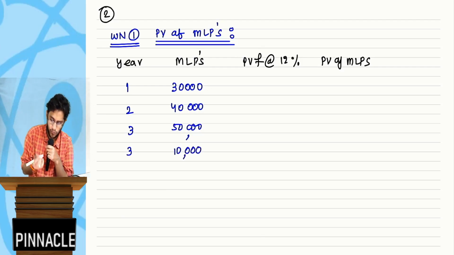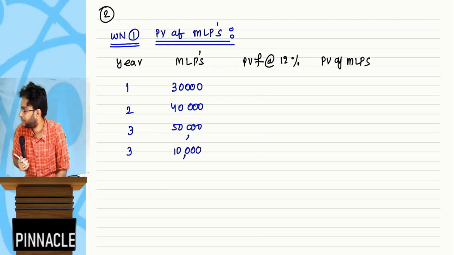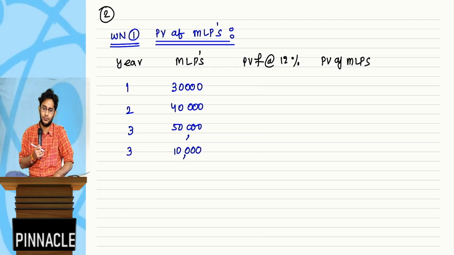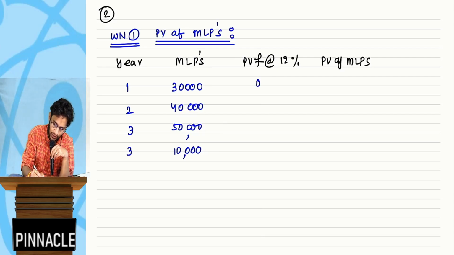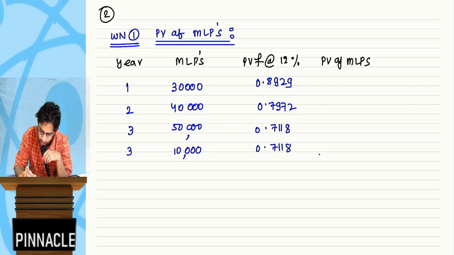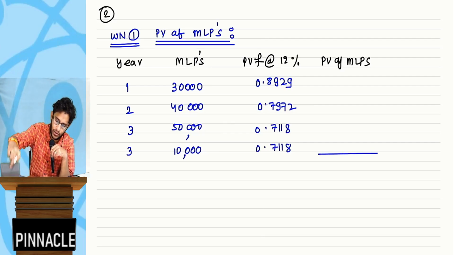The PV factors at 12% were not given, so you work them out: 0.8929, 0.7972, 0.7118. 0.6355 we don't need, leave it.